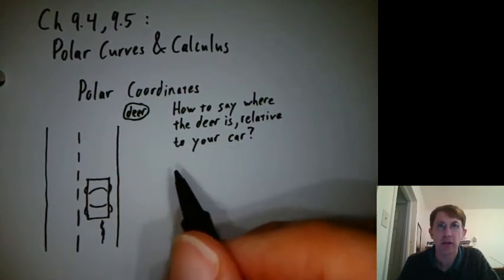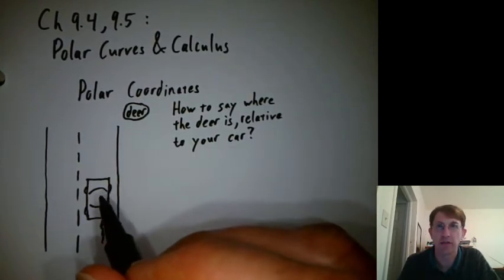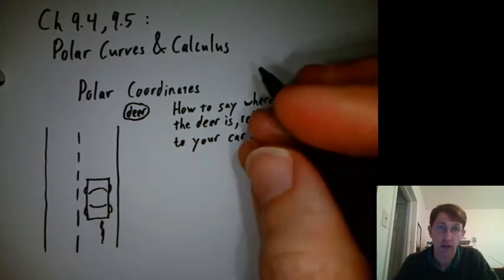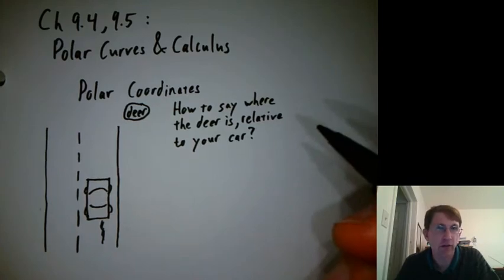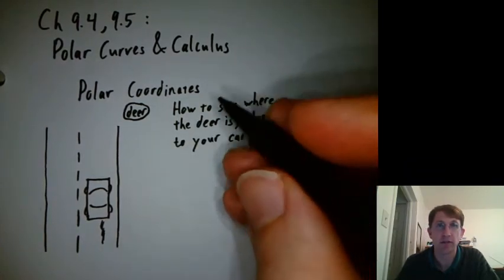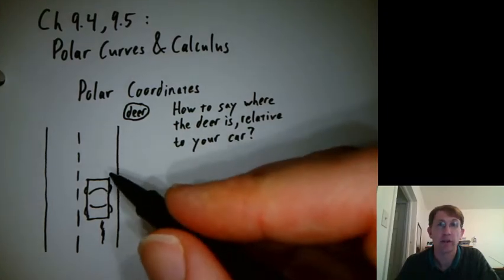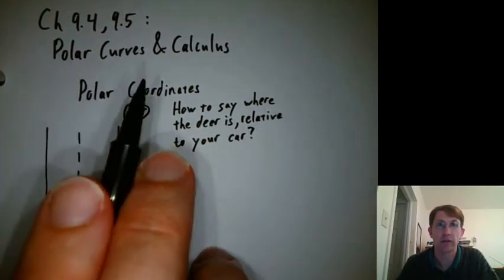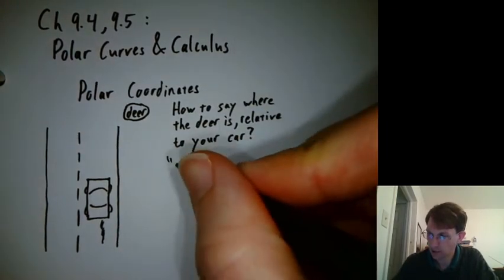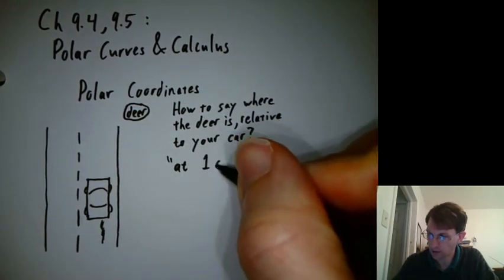Let's say you're the passenger and you need to tell the driver where the deer is relative to your car. You might say it's ahead, off the side of the road. If you needed to give a more precise description, you might say it's at 1 o'clock, like where the hands would be at 1 o'clock on an analog clock.